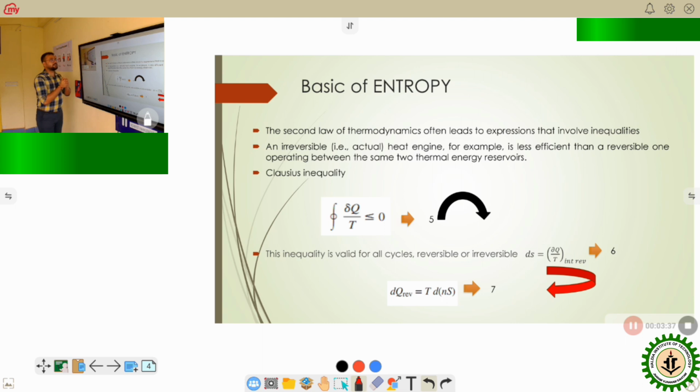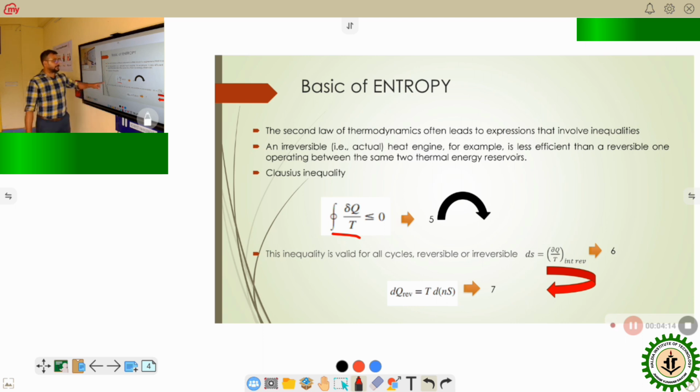Basically, if we consider one irreversible heat engine for an example, it will be less efficient than the reversible one, and the difference involved in the irreversibility from the reversible one will give you the process inequality, which is nothing but the cyclic integration of del Q by T, the degradation of heat with respect to temperature, which is always less than or equal to 0.